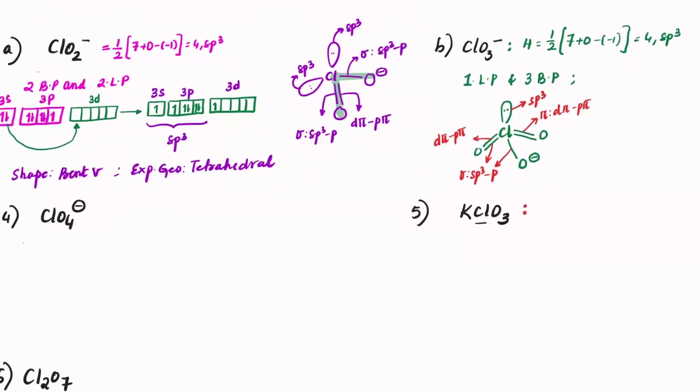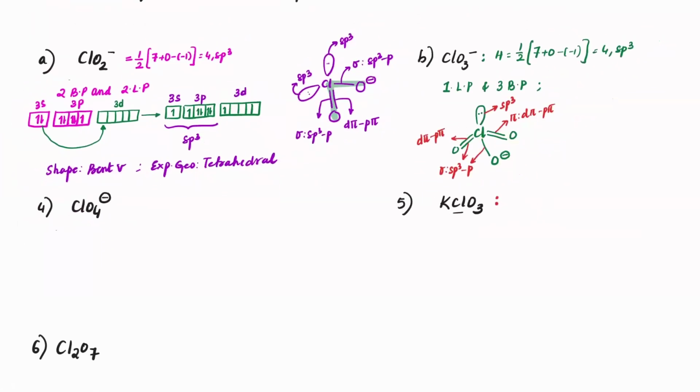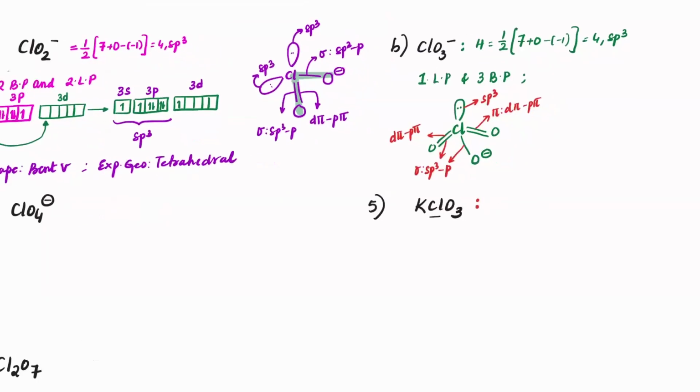Watch this way I worked for ClO3 minus. Do the same thing for ClO4 minus. Now one thing you got to notice here is, because of the lone pair present here, the shape would be like this. Correct? It is pyramidal. So shape is pyramidal.